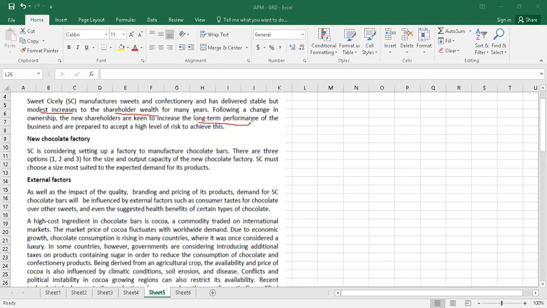So the objective is now to establish the business well and do well in the long term, and are prepared to accept a high level of risk to achieve this. So the appetite of the new shareholders is clearly mentioned. So they have that appetite to take a risk. So they are risk seekers. So what's the reason why they want to take up a high level of risk? What's the reason?